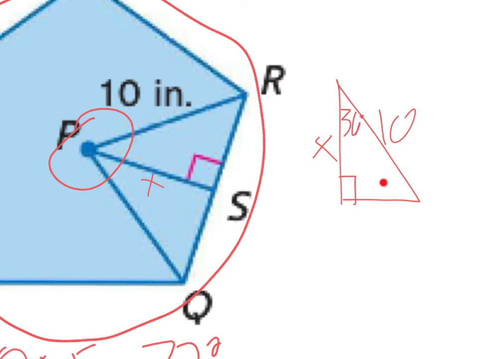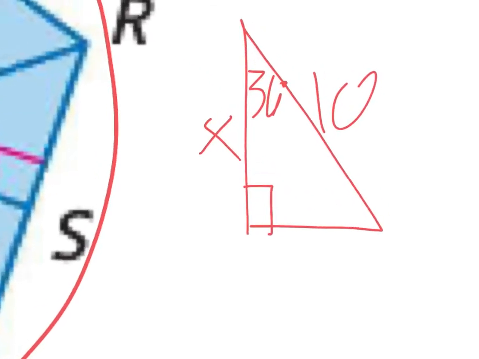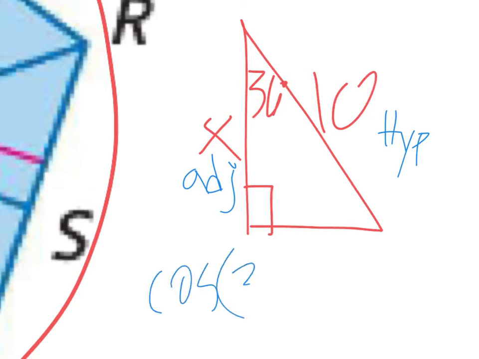With this information, I can use the cosine function to figure out what x is. The reason I can use cosine is because x is the adjacent side to the 36 degree angle, and 10 is opposite of the right angle, so that makes it the hypotenuse. So I'm going to set this up by saying cosine of 36 degrees equals x over 10, adjacent over hypotenuse.